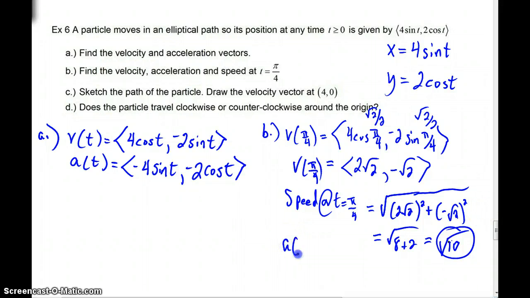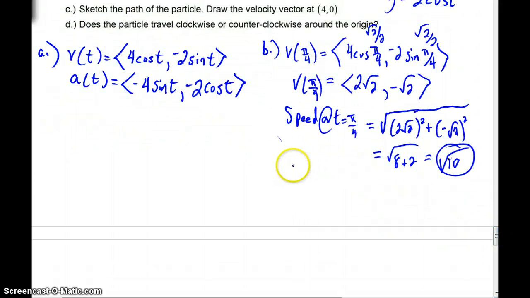Real quickly, we could find out what a of pi over 4 is. This is going to be more or less plugging in pi over 4 into that last part of part A. So a of pi over 4 is a vector, and we can see it's negative 4 sine of pi over 4, negative 2 cosine of pi over 4.